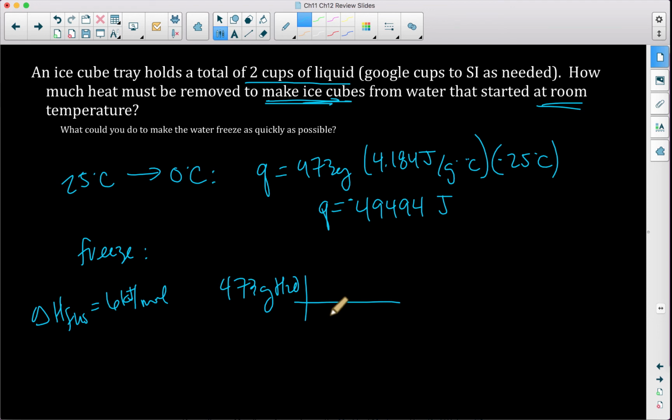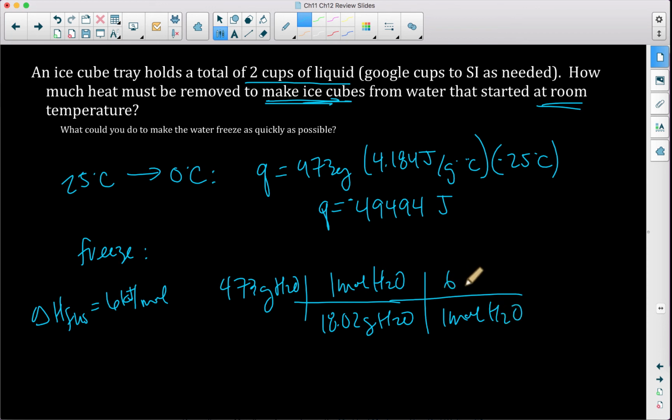Then we know that for every 18.02 grams of water, we have 1 mole of water. And for every 1 mole of water, there's a heat of 6 kilojoules involved, specifically 6 kilojoules out. This is going to give us 207 kilojoules.